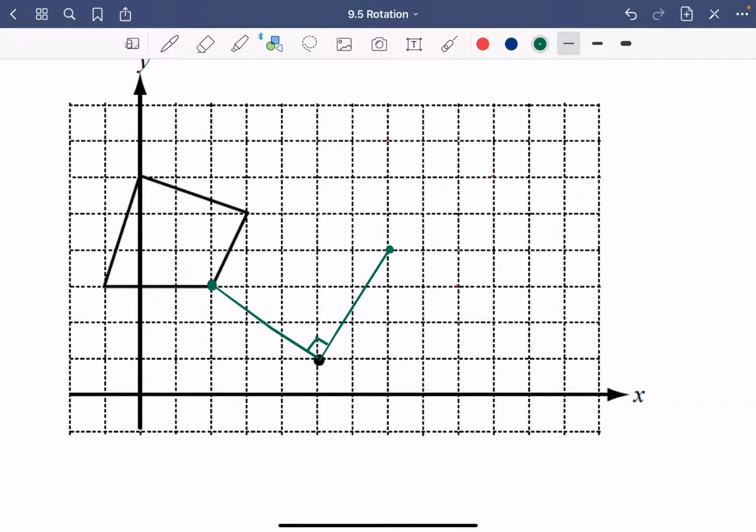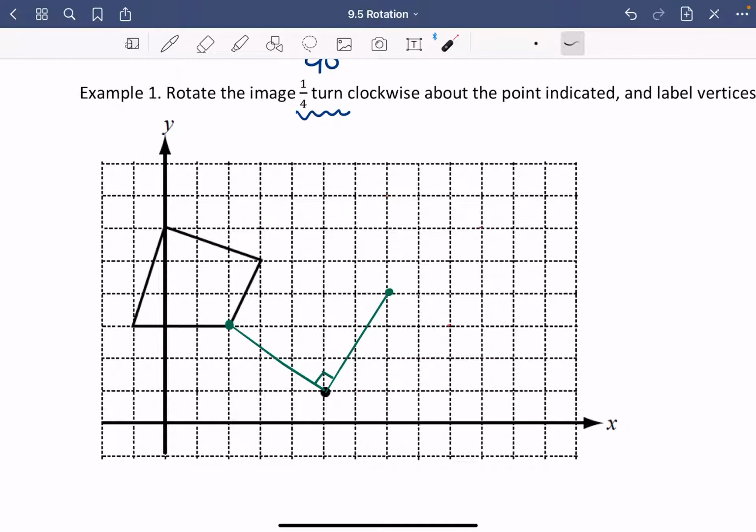And this point is the corresponding point after you rotated your original point 90 degrees clockwise. Okay, and you can choose to do the same thing for the other angles.